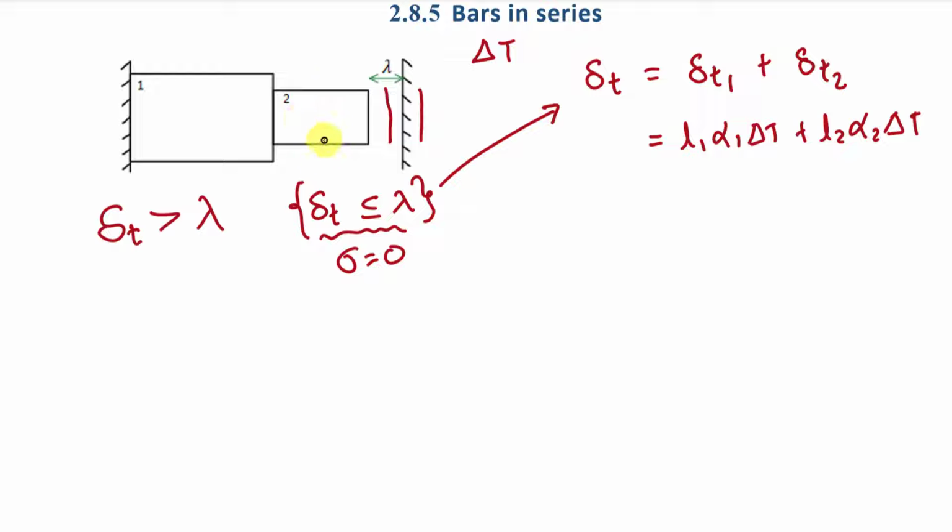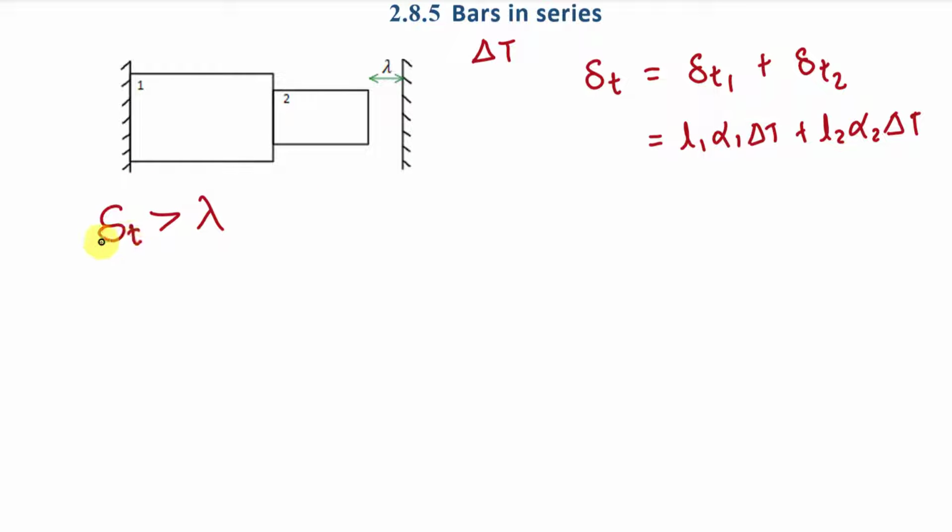Fine. So if delta T is less than or equal to lambda, then there is no stress and the value of deformation is this. Fine. Now we are going to discuss the second case in which delta T is greater than lambda.